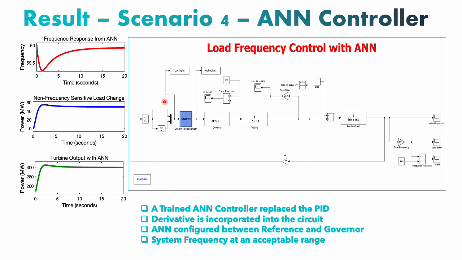But we believe that practically the ANN is the best option, because once we train the ANN for future samples or future tests, when we vary the load, the ANN should be able to respond quickly. However, for scenario 3, whenever there is a change, we will have to retune the PID controller, which is not favorable.